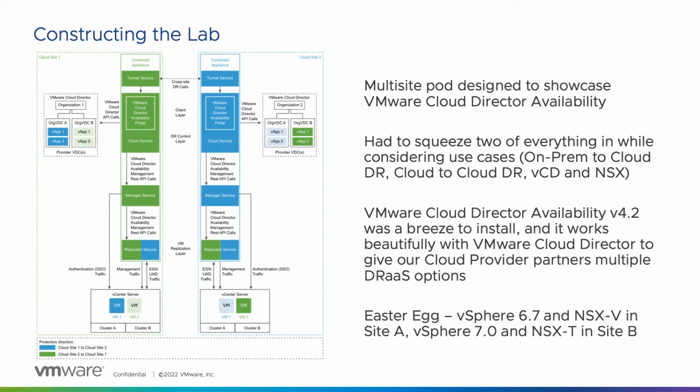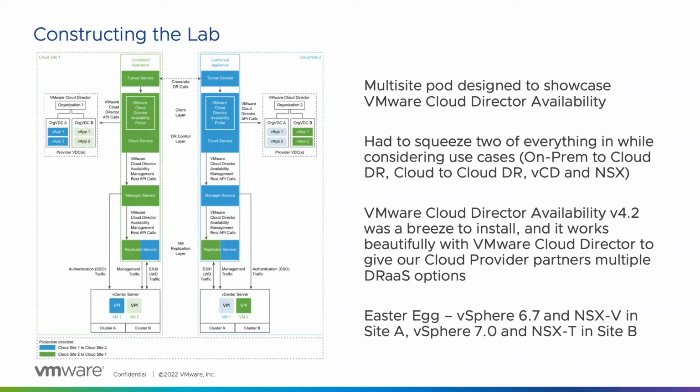So if you want to play with the pod, after you, of course, have become completely familiar with Cloud Director Availability, you can use this same pod, deploy the lab, so you can get a look at vSphere 6 versus vSphere 7 and NSX-V versus NSX-T. Not just standalone, but also how they interact with VCD, because both sites have VCD deployed as well.